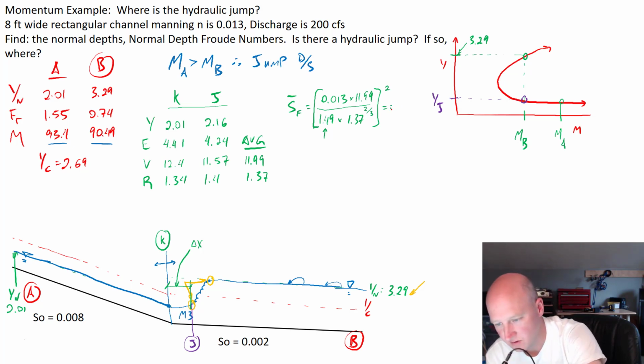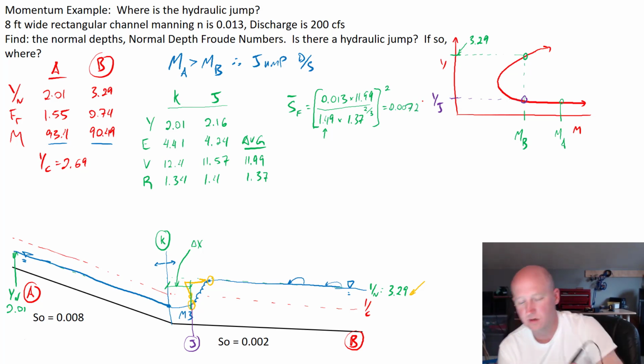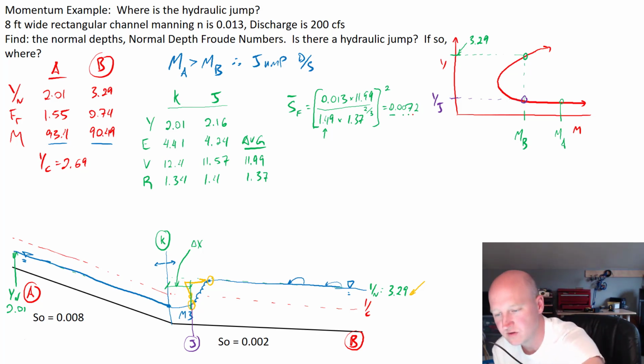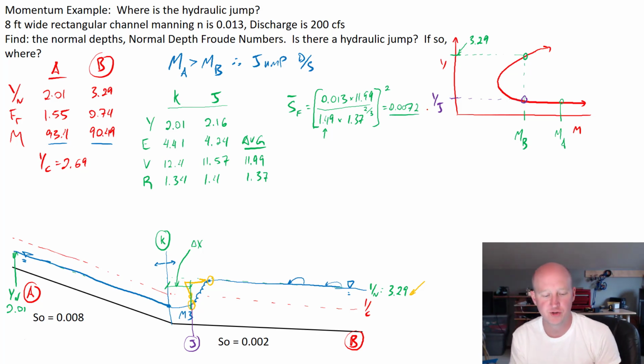We get 0.0072. So again, we can use this value. We can smell test this value. That number should be less than the upstream slope because we know the water's slowing down through this M3 curve that we're interested in.